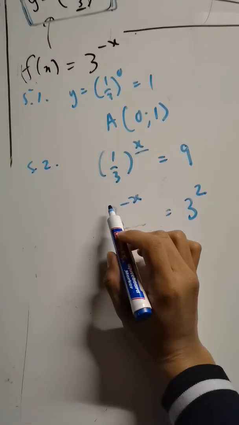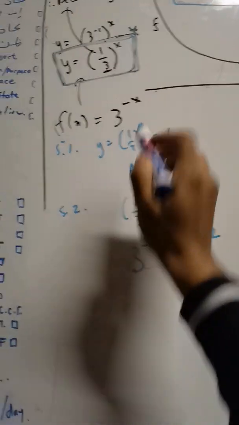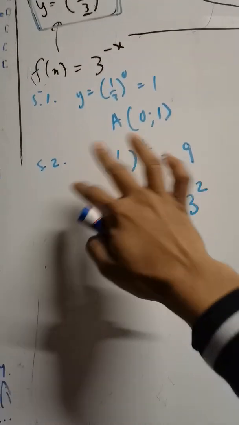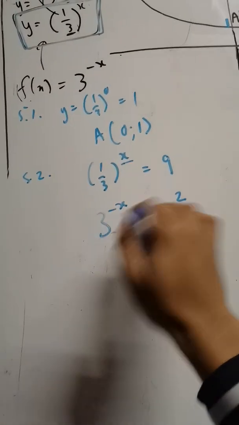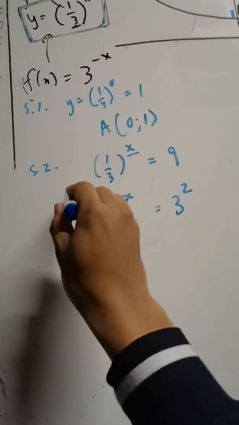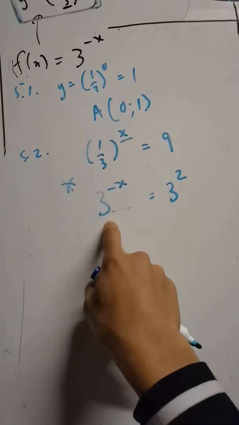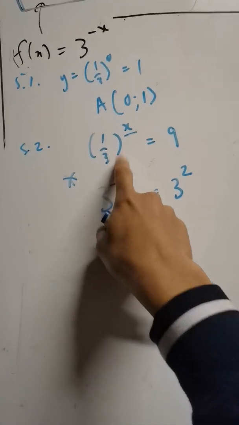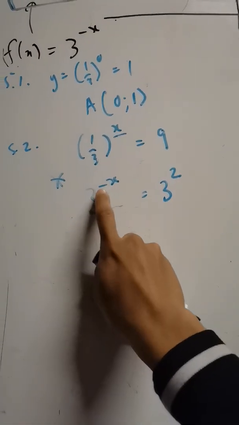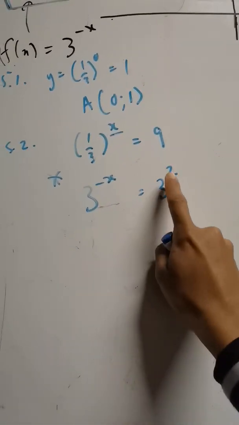A third is actually 3 to the power of negative x. That was the initial graph that they gave us. You could have even started here with this form of the graph. I don't know why I started with that form. Doesn't matter. So we have 3 to the power of negative x is equal to 3 to the power of 2.